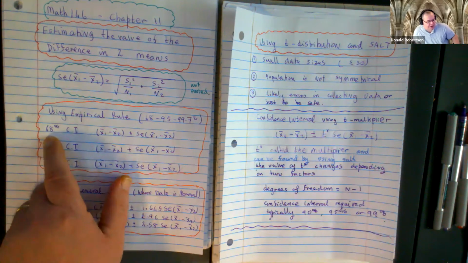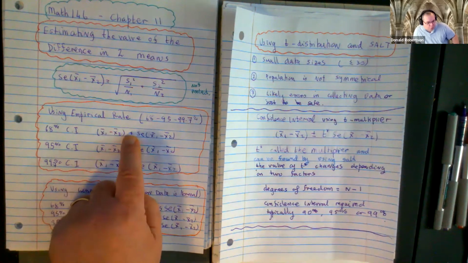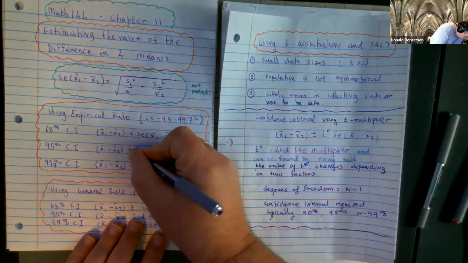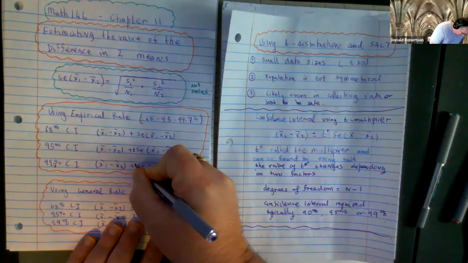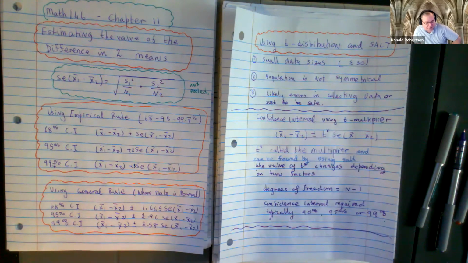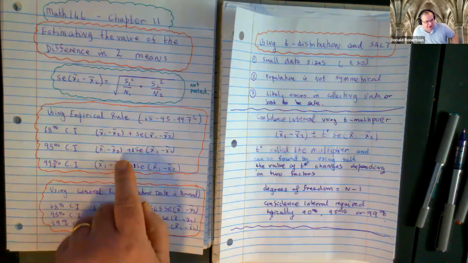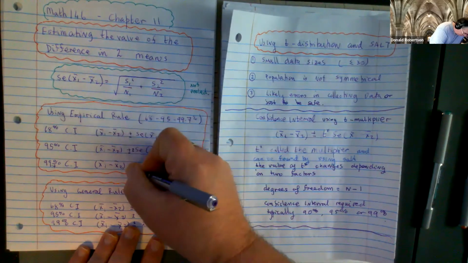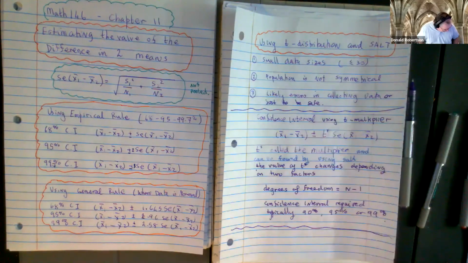Then 68 is the difference in the means plus or minus one standard error, two standard errors, or three standard errors. Actually, isn't that formula so much similar to every other version that you could probably figure out if I'd never told you? Right. 68 is plus or minus 1, plus or minus 2 gets you 95, and plus or minus 3 gets you 99.7.